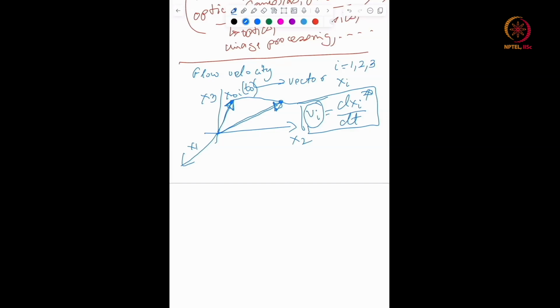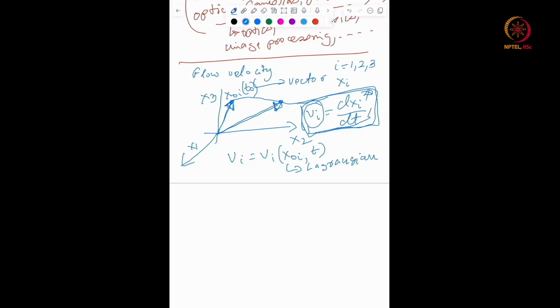By doing this, you can find the velocity, which is nothing but the slope of the path. So in this approach, the velocity field can be specified as a function of these two variables: vi is equal to vi of x0i comma t. This approach is called the material or the Lagrangian description of the motion. So this is Lagrangian.